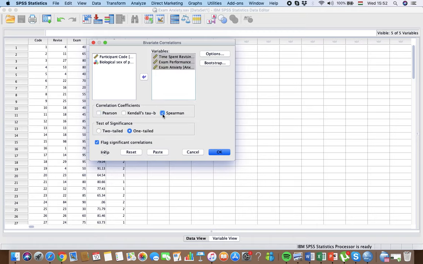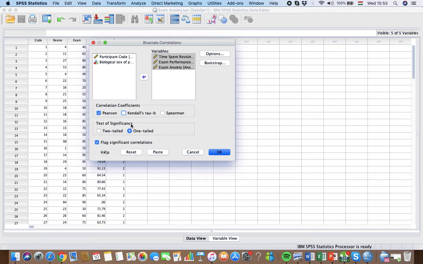For the Spearman correlation coefficient, you have non-normally distributed data, and also it can be other than interval data, for example, ordinal data, a position in a contest. You are first, second, third. And we very rarely use the Kendall tau. Okay, for this statistical analysis, we will choose the Pearson.